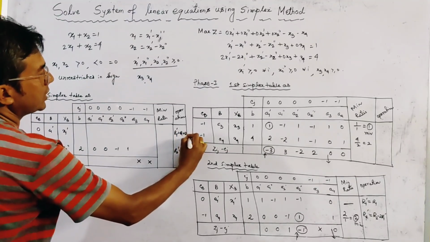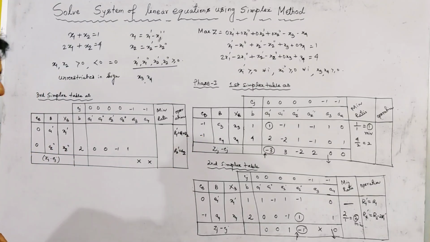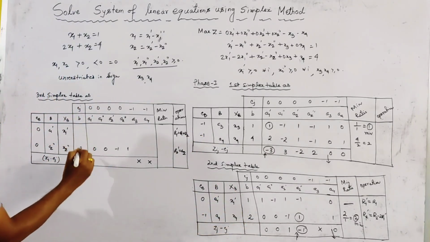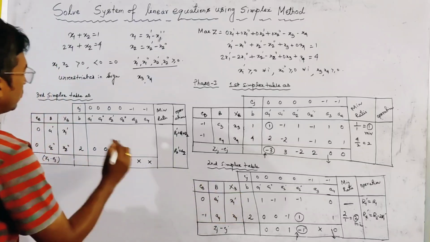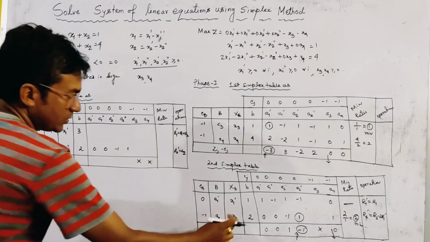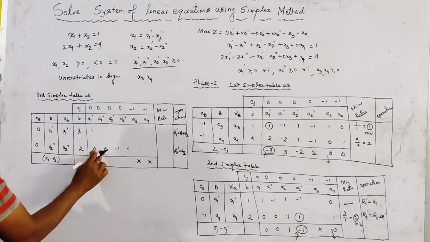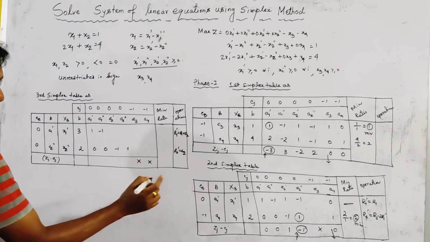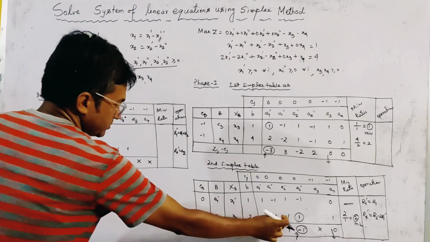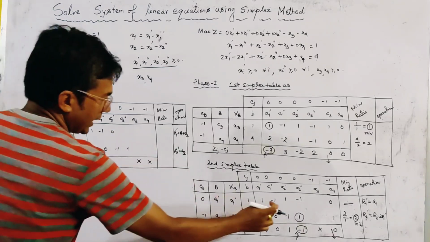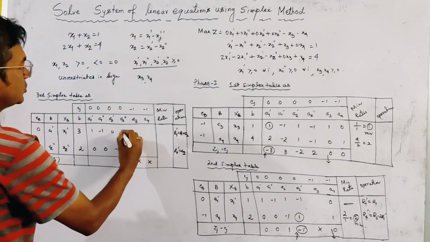So the operation of the first row is given by R1 dash equal to R1 plus R2. Okay, and the values by the operation are given by 1 plus 2, this is 3, 1 plus 0, this is 1, minus 1 plus 0, this is minus 1, and this is 1 plus minus 1, this is 0, and minus 1 plus 1, this is also 0.